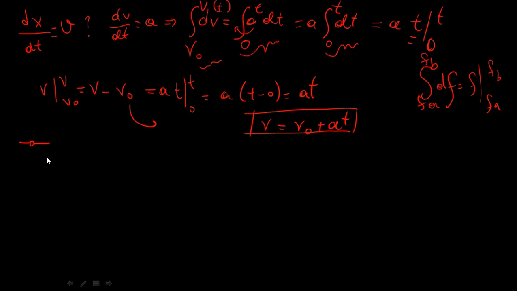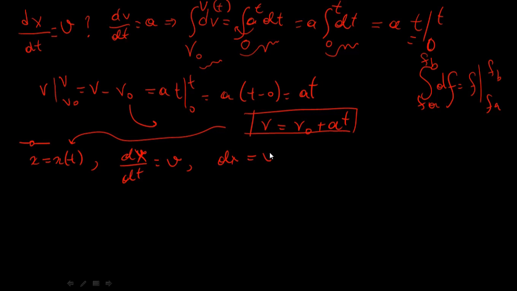Now it is time to find x as a function of t using this result. Using the equation v equals dx over dt, we multiply both sides by dt and obtain dx equals v dt.